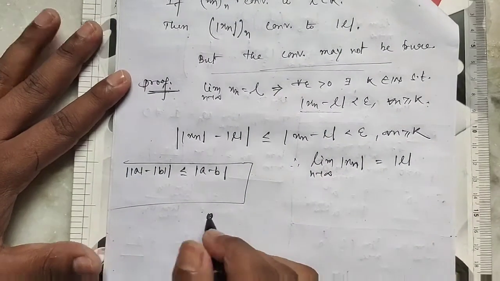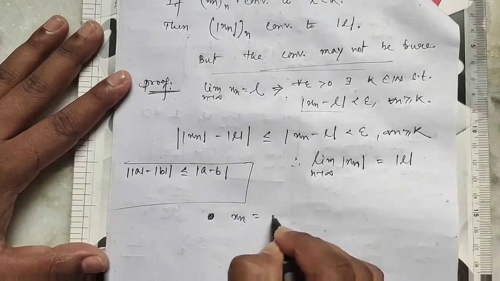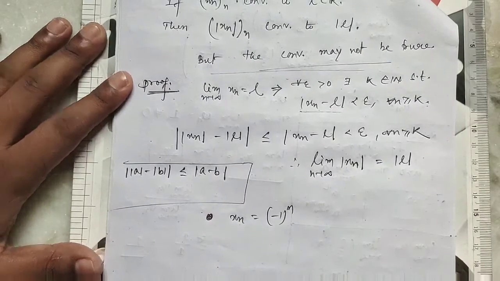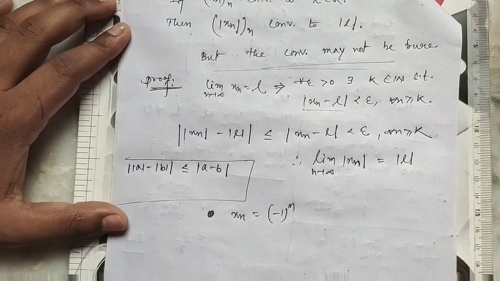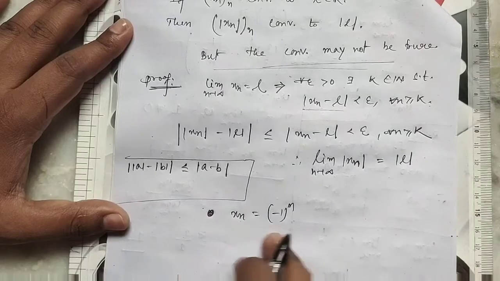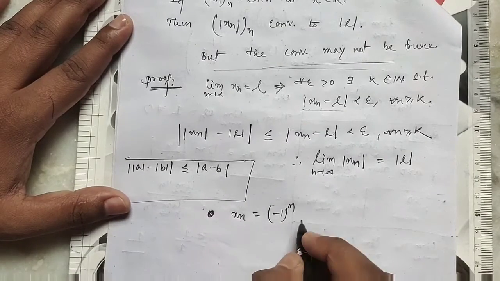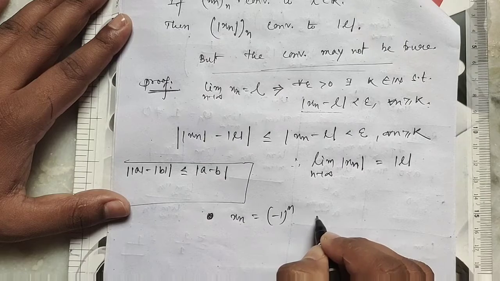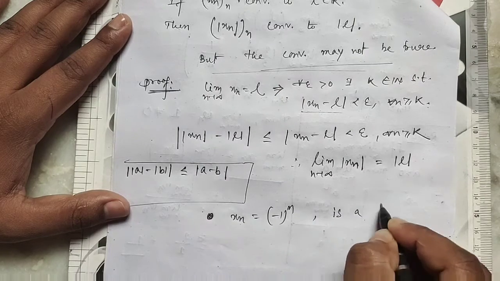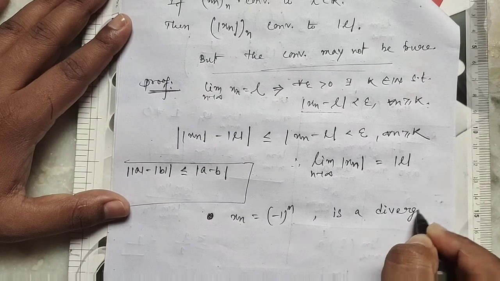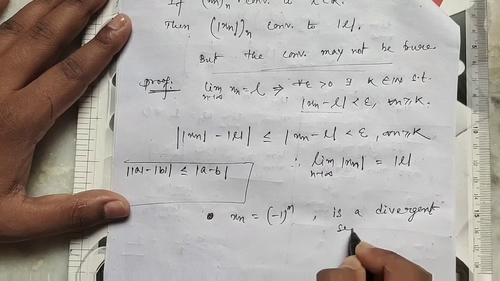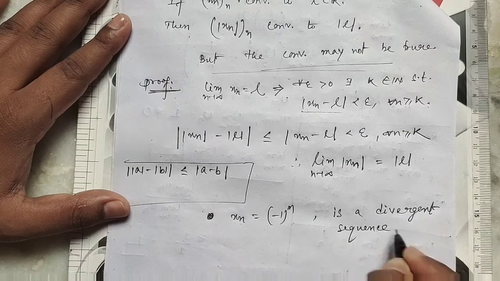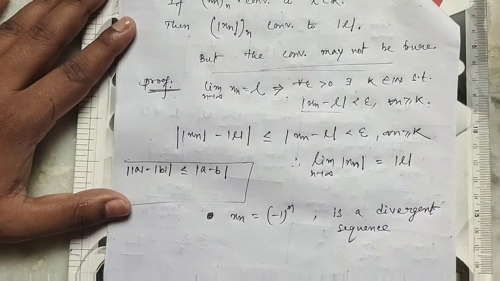So if we take the sequence xn equal to minus 1 whole to the power n. Okay, so this is a real sequence, and it is a divergent sequence.